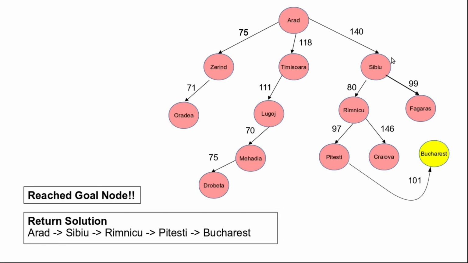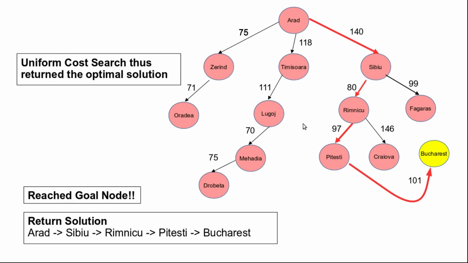Arad to Sibiu to Rimnicu to Pitești, then to Bucharest. And this solution we will obtain by following the parent node. By following the parent link, we can find out what is the solution path. And uniform cost search actually returns the optimal solution.